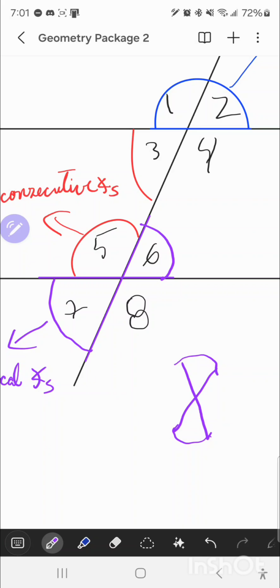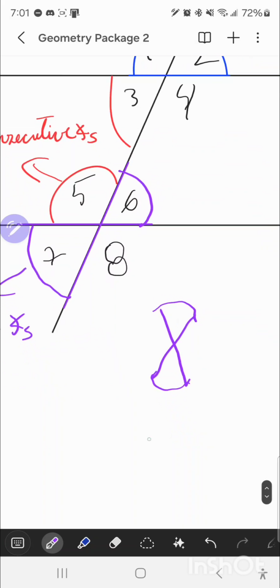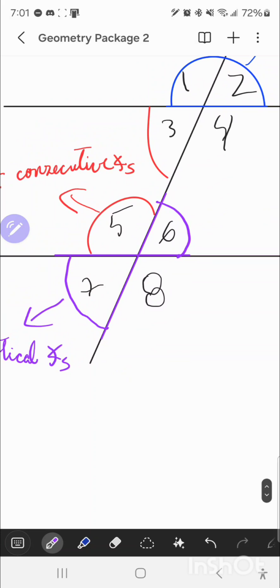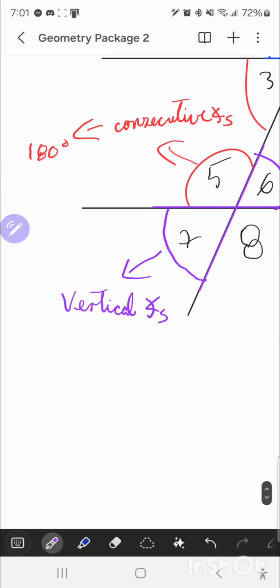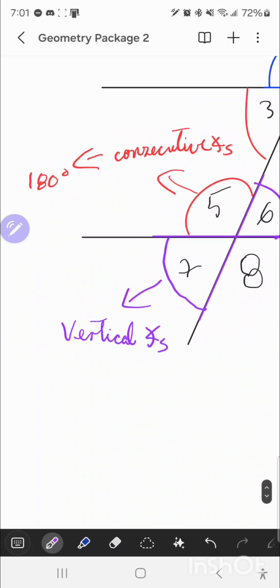I think that's the translation of the word, just in case I'm pronouncing it wrong. Either way, I just think about an X, and they are opposite to each other. Those are the vertical angles.